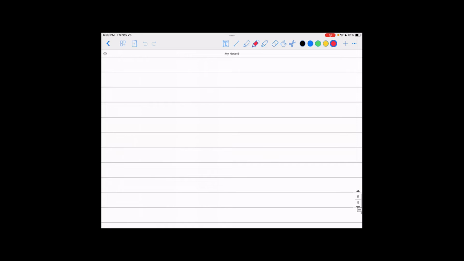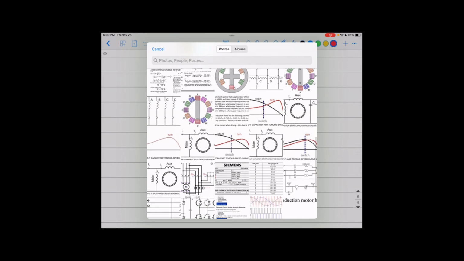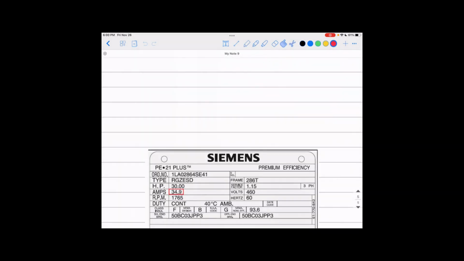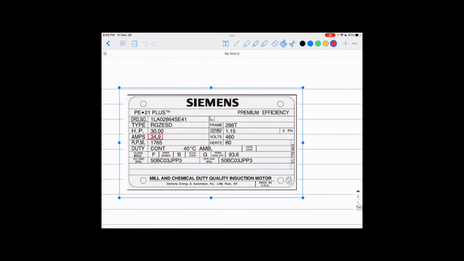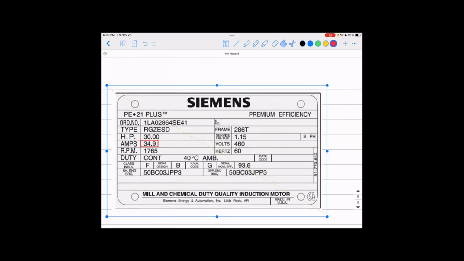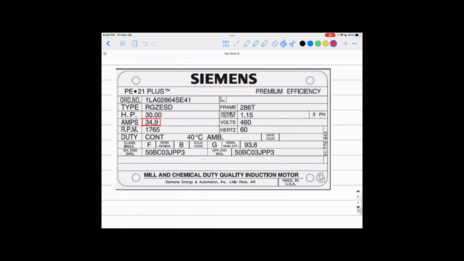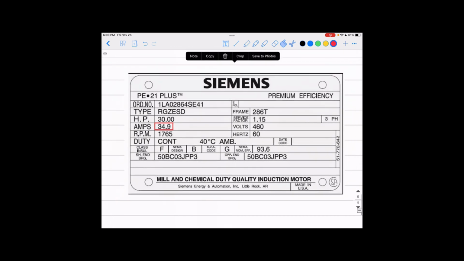Here is a nice nameplate of a motor manufactured by Siemens. That's an actual nameplate of an actual motor, and a good opportunity to look at this motor and see how we can find the ratings, like in the problems we solve together, but for a real motor.